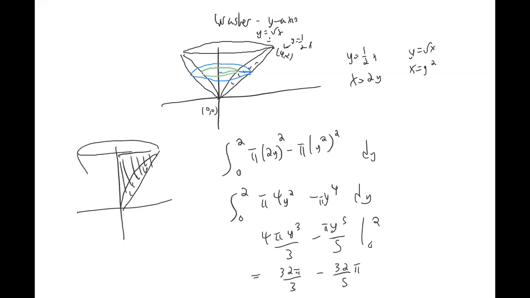It would be the whole cone, because every point gets rotated. Hopefully you all see that. But we were only doing the region here. Does everyone understand volume or have any questions?